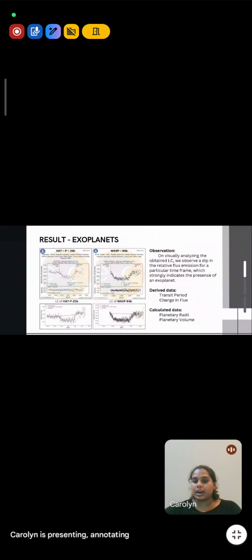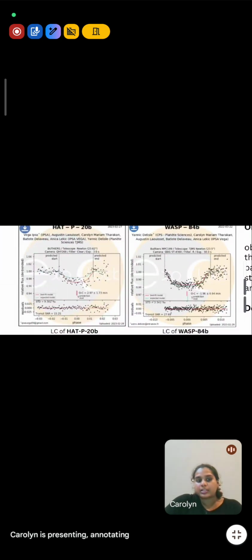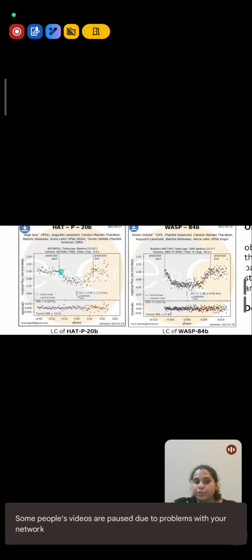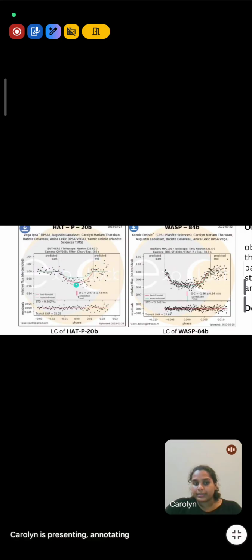Okay. And your change in flux will also be taken. Change in flux is nothing but if you draw a line from the start of the luminosity track of the star to the dip of maximum up to which the luminosity of the star is deteriorating, right? If you draw two parallel lines at the level of maximum brightness and minimum brightness of the star, whatever the difference is, that is your flux dip.